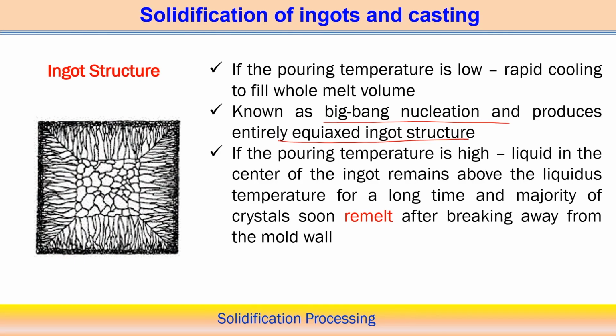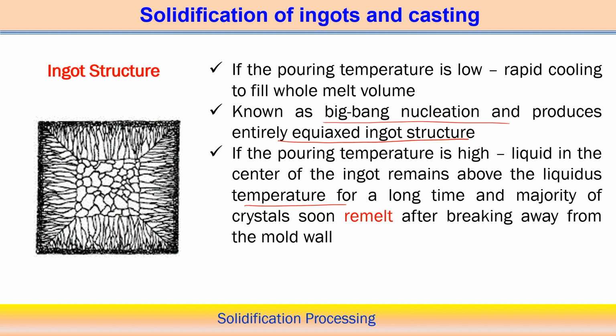But the other way around, if the pouring temperature is very high, that means the superheat is high for the liquid metal, in that case the center of the ingot remains above the liquidus temperature for a long time. That means the center point takes much more time to solidify. So, there is a greater chance of remelting to occur during crystal growth, because there is a variation in the heat flow also.